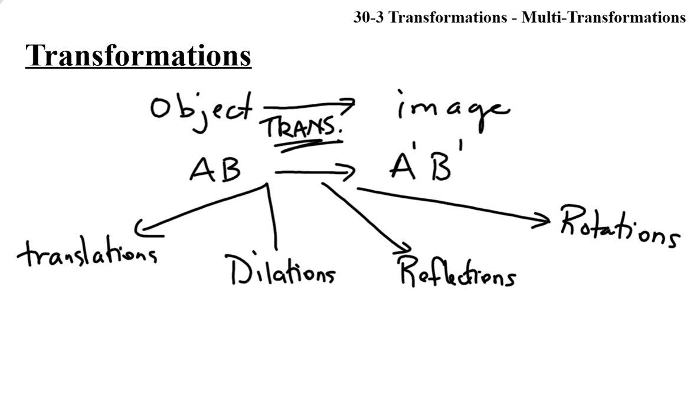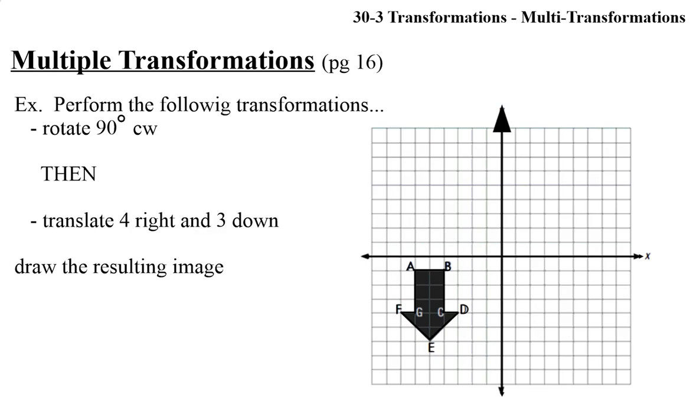Well, today, we're going to look at doing multiple transformations within one question. Nothing new. It's just a matter of staying organized when you do the work. We'll walk through to see how it can be done. So page 16, the first one.